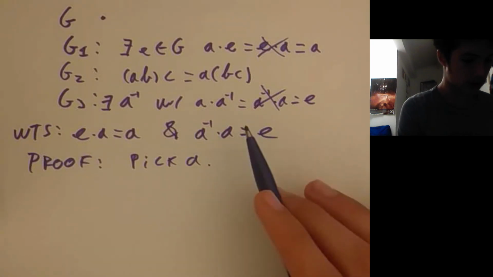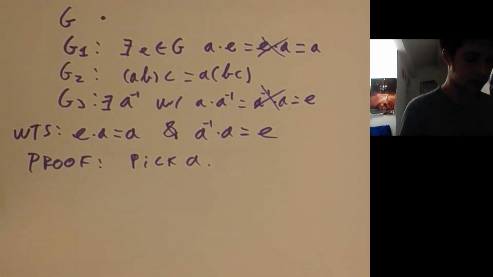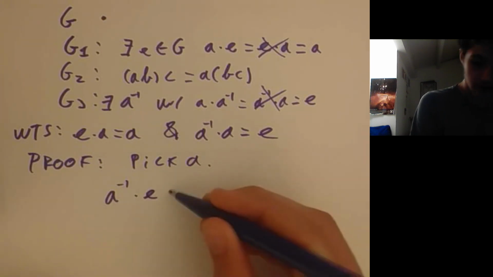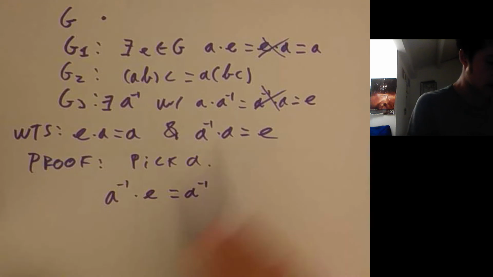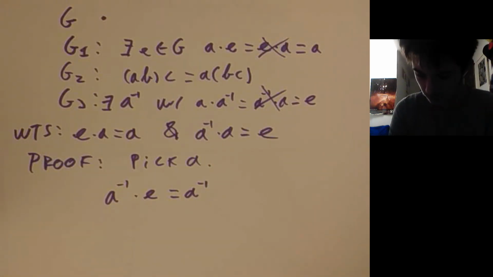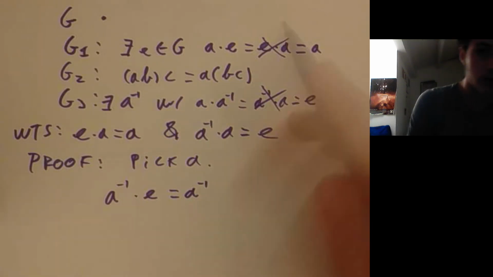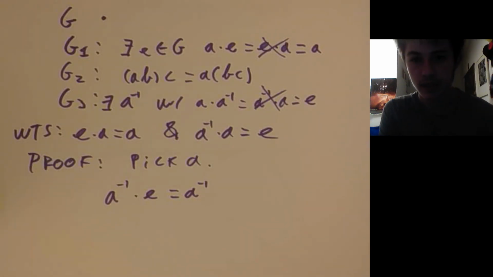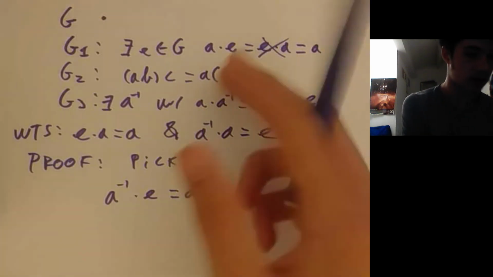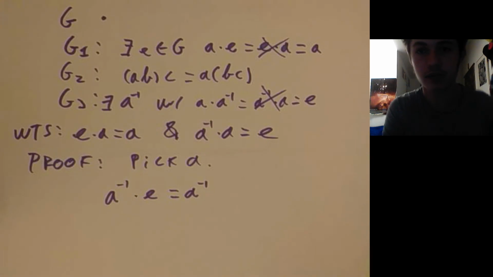And via the first axiom, we know that A inverse multiplied by E will be equal to A inverse, because we can left multiply by this identity element. By the way, our result would be trivial if G is abelian. If multiplication commutes, then you can just swap the things around in this equation, and you get exactly the results we want. So this proof especially is interesting when we're working over a non-abelian group.